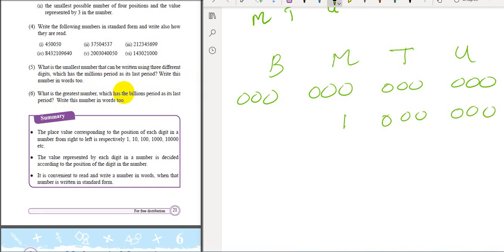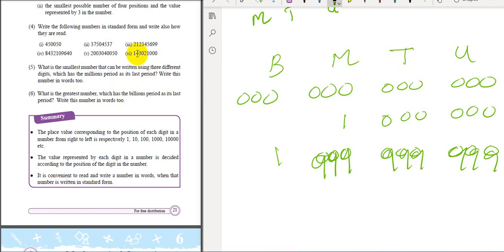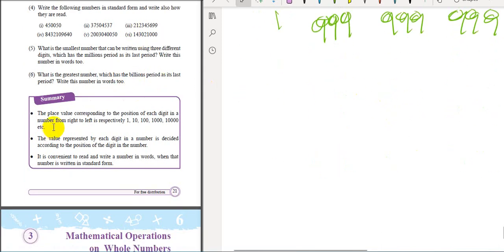The billions period is for the biggest number they are asking. This is the smallest one. The biggest one is 9. The final digit should be 9. Okay, 1,999,999,999. Okay, so we will finish this lesson now today.